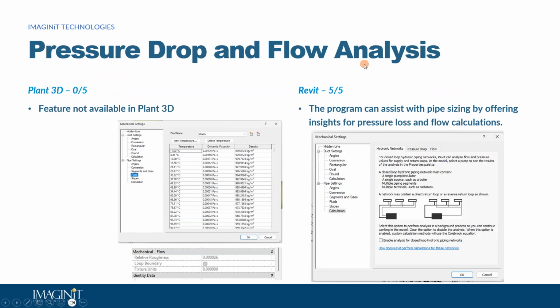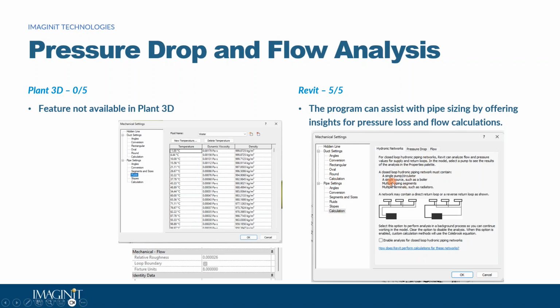Pressure drop and flow analysis. Plant 3D, we gave it a 0 out of 5, which is not available in Plant 3D. These images are from Revit. Revit, we gave it a 5 out of 5. The program can assist with pipe sizing by offering insights for pressure loss and flow calculations. Usually, in the mechanical settings window, it shows the calculation for piping or for ducts.